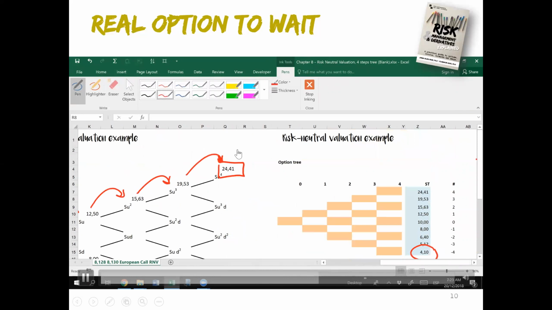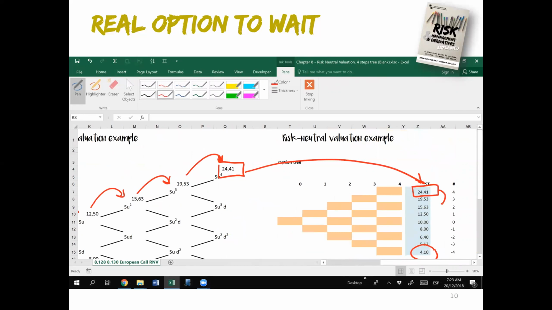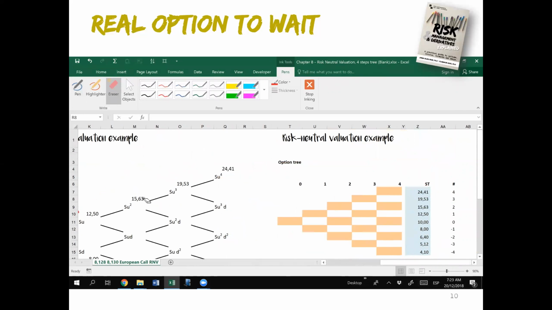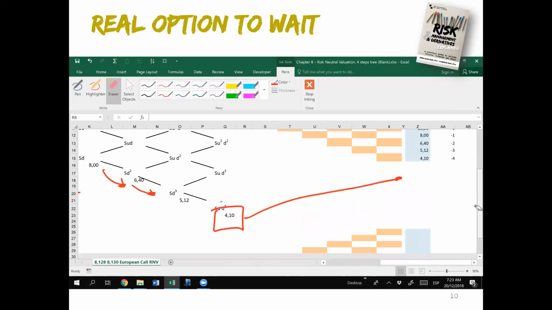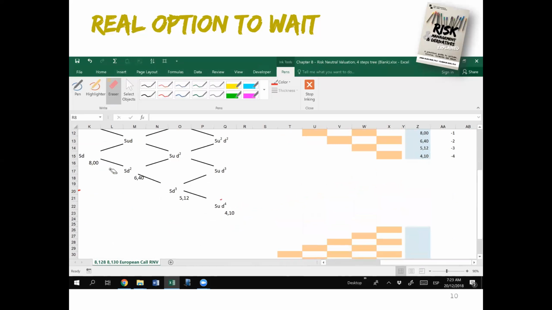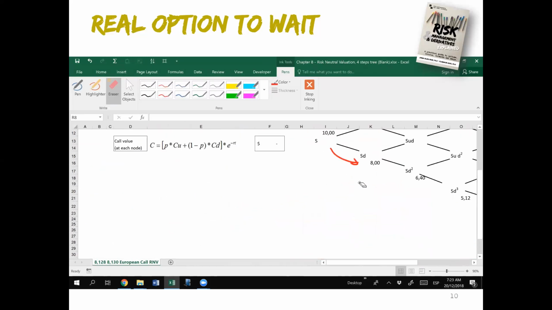So from 24.41, and then down by D, multiplying by D, we calculate all the borders of the tree, and then obtain the last number, which is 4.10. And that is the price that the underlying asset will take if it goes down 4 times in a row.